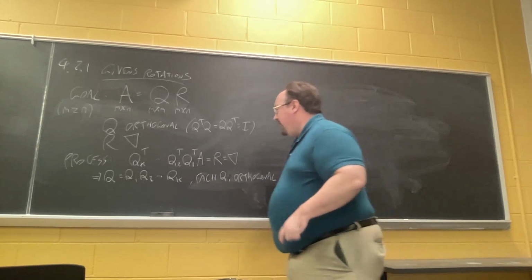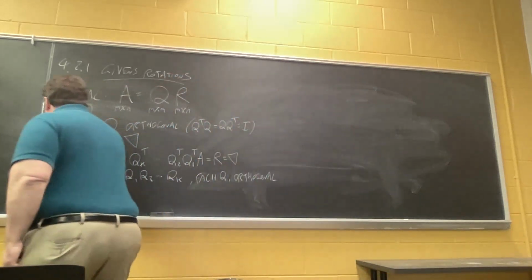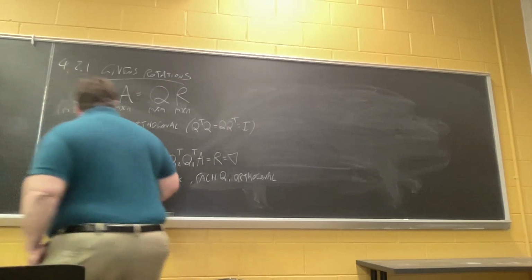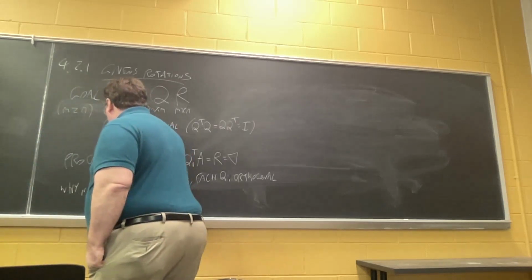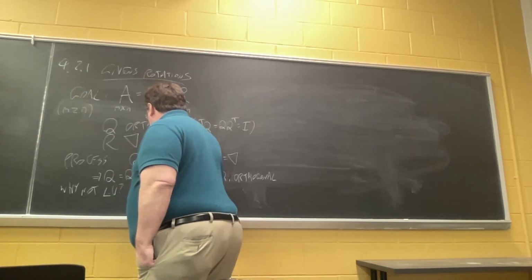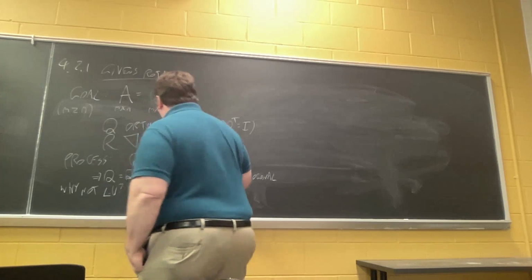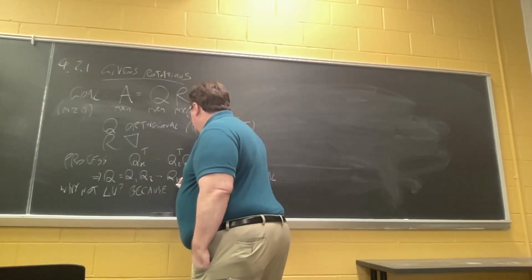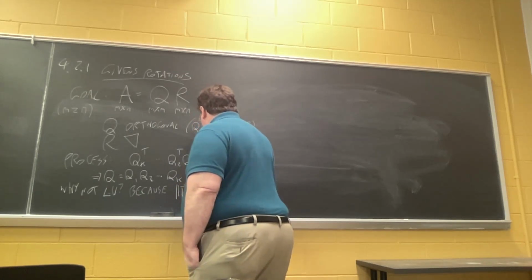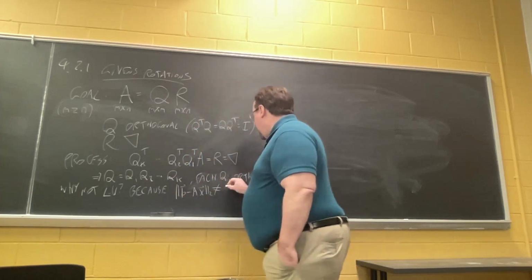The reason is that if we want to reduce Ax = b to an upper triangular system, the norm that we're trying to minimize, b minus Ax, would not be the same.